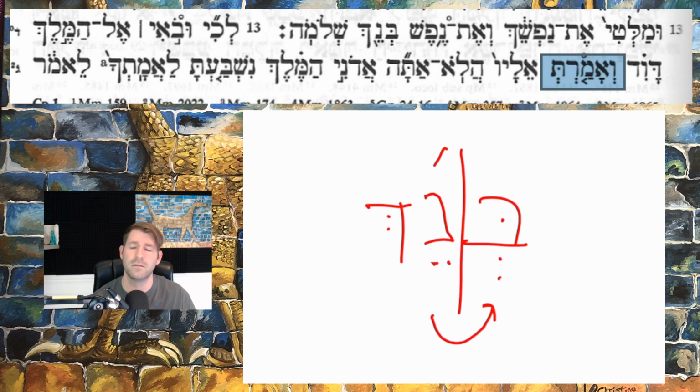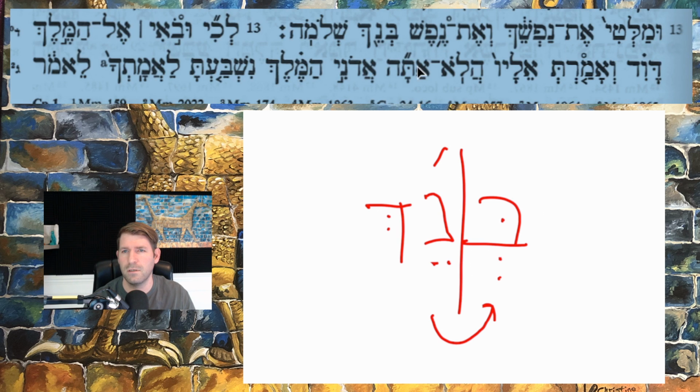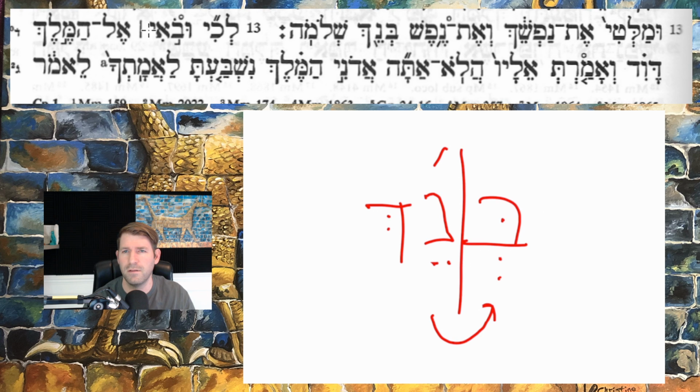Sorry, I was blanking on the term. So this vav consecutive perfect is taking on the nuance of the imperative here. So come on and come to the King David and say, second feminine singular. So it's not 'and you will say.' It's taking on the nuance of the volitive here.